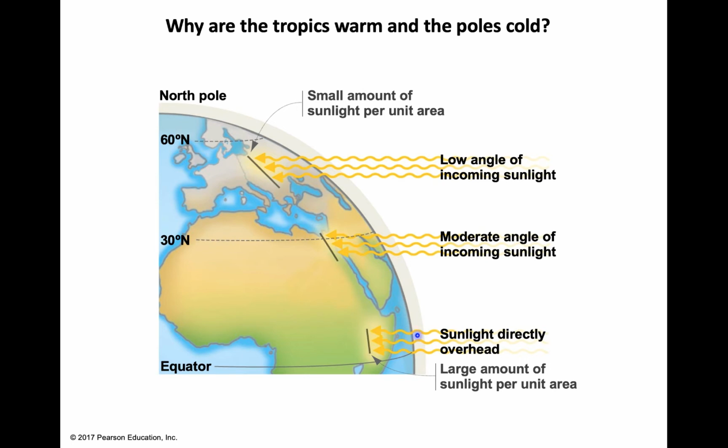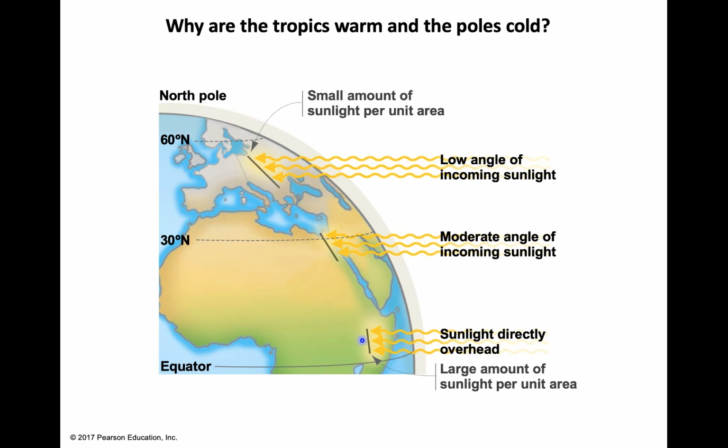So the equator of the Earth and the equator of the sun are pretty much lined up. And so light from the sun hits the Earth full on, straight on at the equator. All of those sun rays hit the surface of the Earth at about the same perpendicular 90-degree angle.